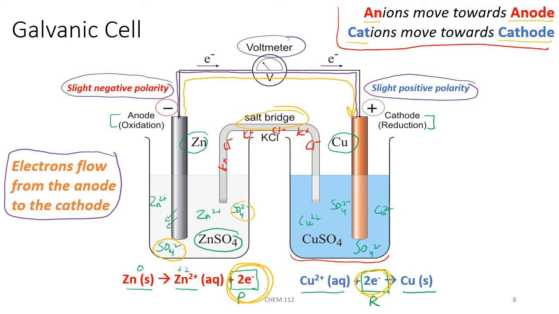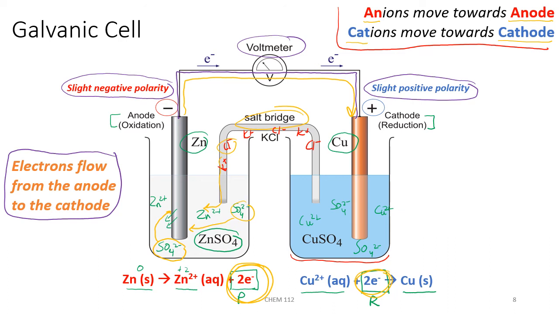Those are going to flow towards our anode. Those are going to start surrounding that zinc electrode. But also chloride anions that are packed in that salt bridge will flow out of the salt bridge and into our beaker and head towards the anode as well.